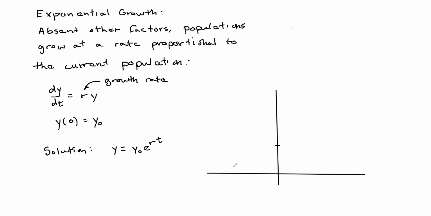So let's pick some starting spot, and we'll draw an exponential curve that goes through there. In this case, if we're using 0 to determine where y naught is, then this point would be y naught. However, y naught, of course, could vary. Instead of this being y naught, we could have the value down here.